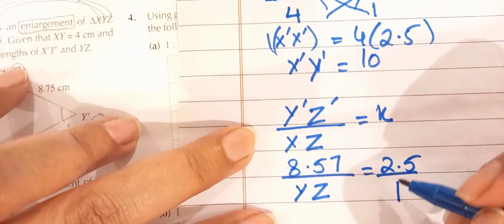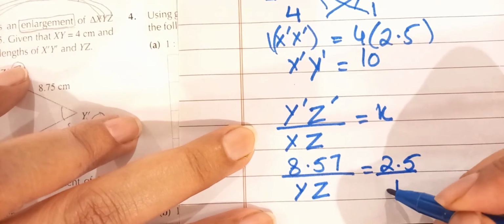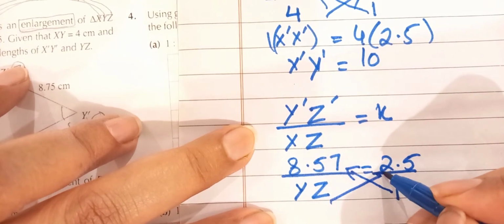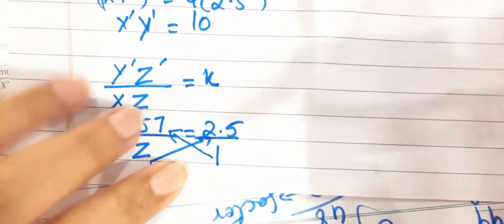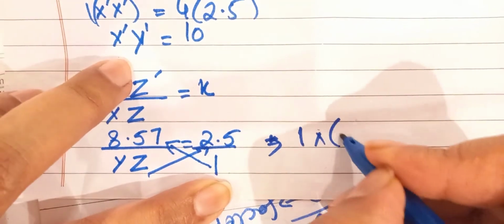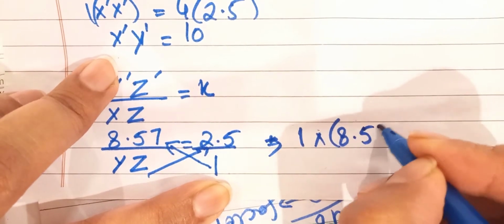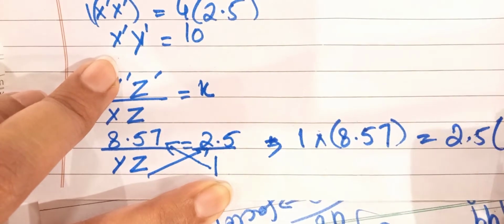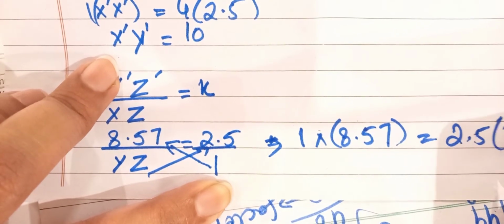In cross multiplication we get rid of the denominators, so the denominators are moved to the numerator. So 1 into 8.75 is equal to 2.5 into yz.